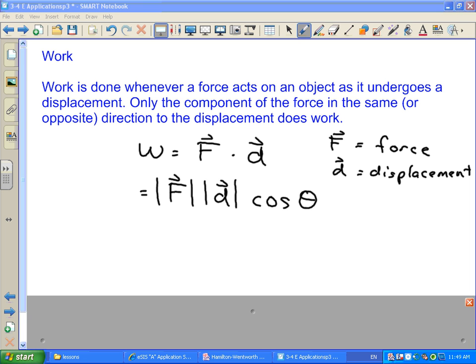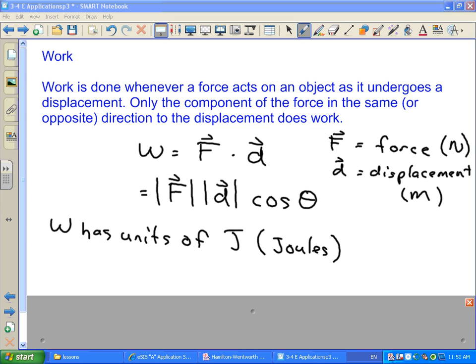Our force is always measured in newtons. Our displacement should be measured in meters. If we do both of those things, work has units of joules.